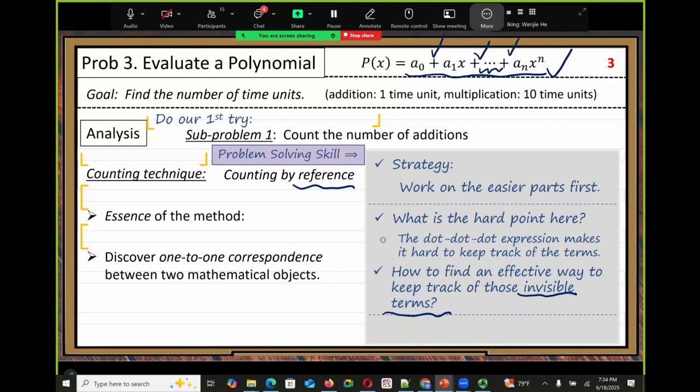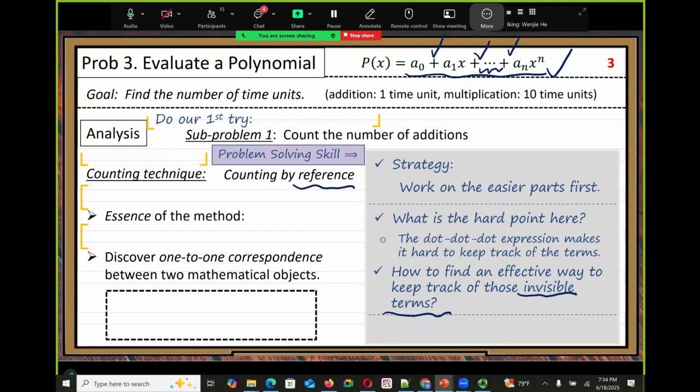Our first mathematical object, our target, is the plus sign. But the plus sign is relatively hard to count. Now, we want to associate each plus sign to a different mathematical object, and that different object can be counted easily. That's the idea.